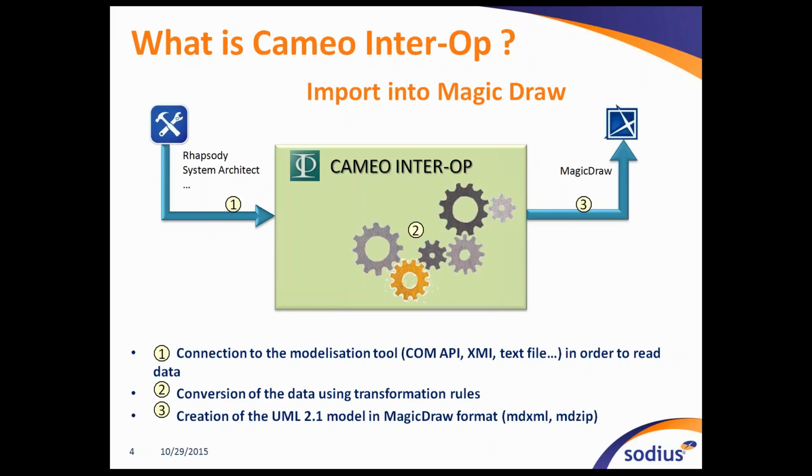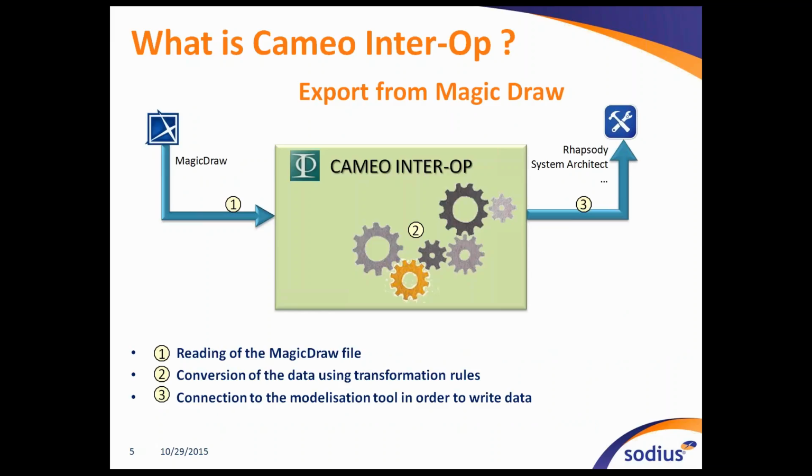Cameo Inter Op will do the conversion using transformation rules, and will create the UML 2.1 model in MagicDraw format. So you are dealing with MD XML or MD zip files.